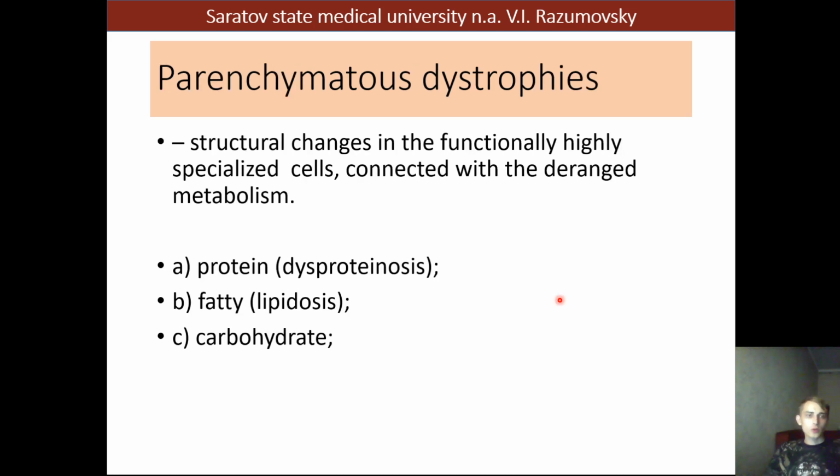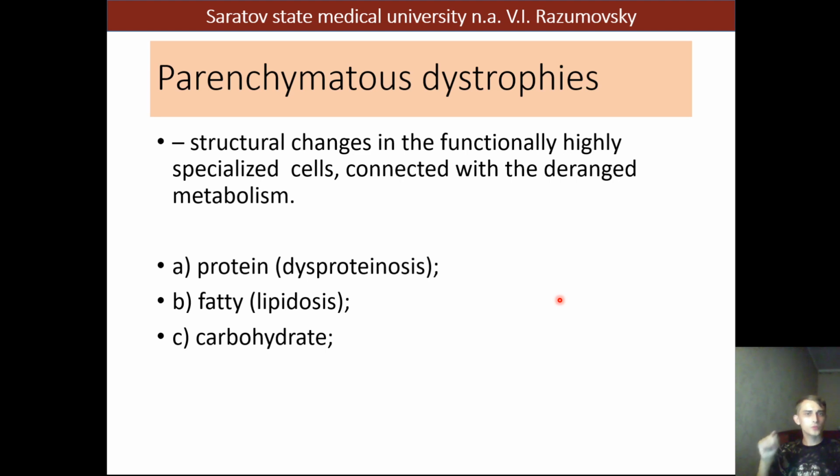We should talk about parenchymatose dystrophies or parenchymatose degeneration. Before we start, we should understand what the parenchyma is. Parenchyma is an accumulation of highly specialized cells which do the most important function of the organ.